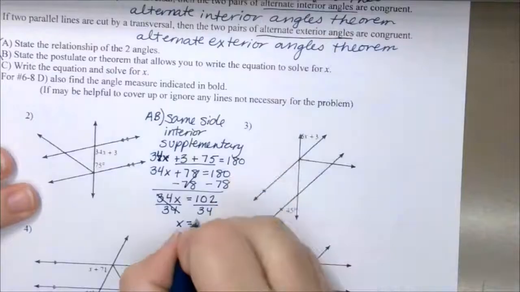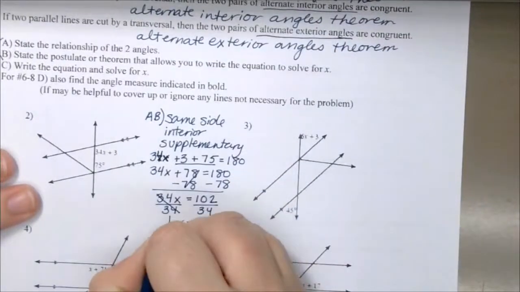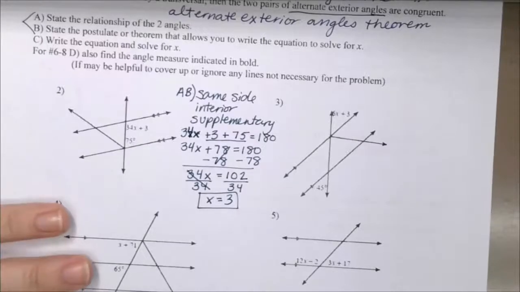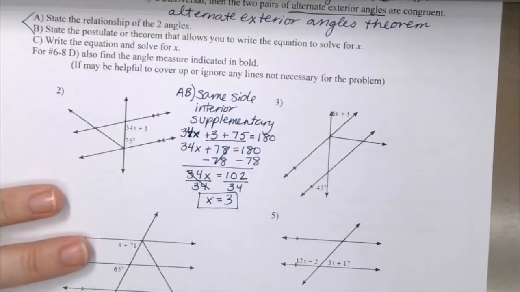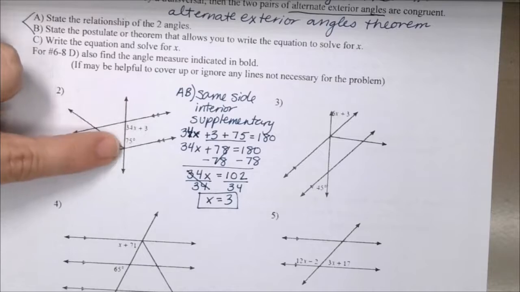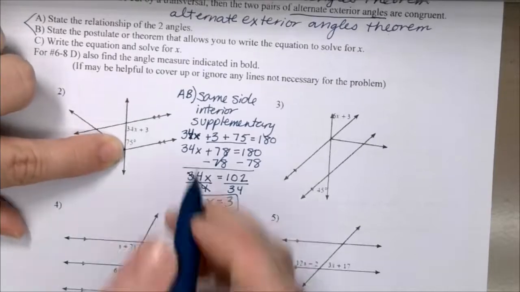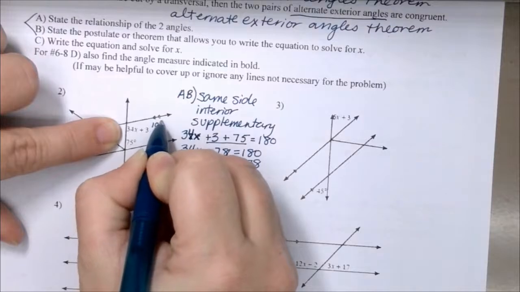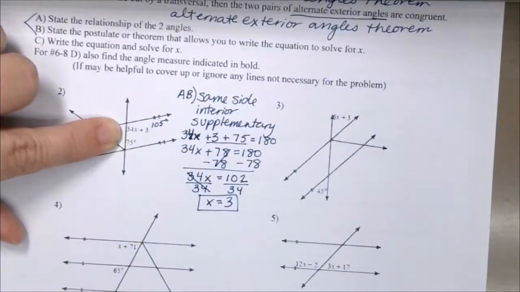Number 3 is a funky picture. They're giving me this angle right here and this angle right here. How are those two related? That has nothing to do with it. I could cover that up and it doesn't affect my parallel lines or my transversal. So I have alternate exterior angles there.